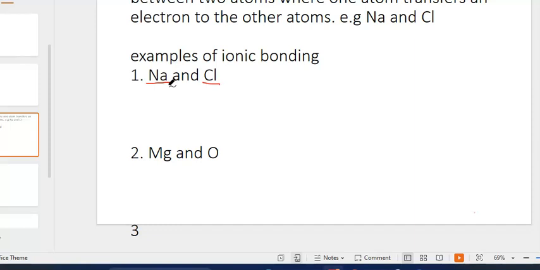Remember, this type of bonding called ionic bond is the transferring of electrons. By nature, you're talking about a metal and a non-metal. We know that metals lose electrons for them to be stable.